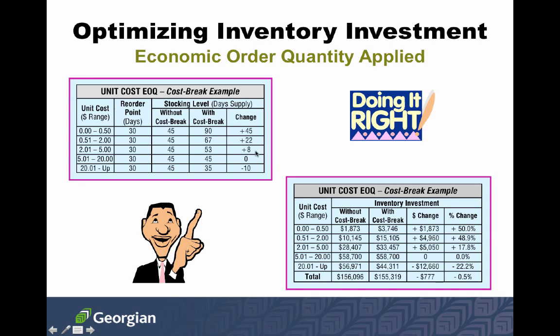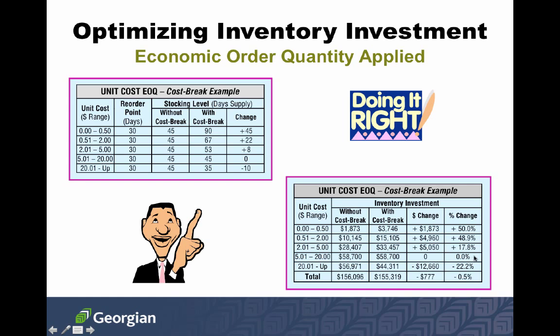The next one we only increased by 22 days, and that meant the inventory investment increased from 10,145 to 15,105. That's plus almost $5,000, or 48.9%. The third category, from 201 up to $5, increased by $5,000 from 28,407 to 33,407, or 17.8%.